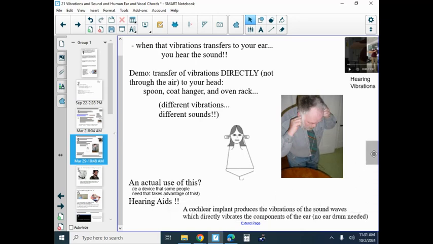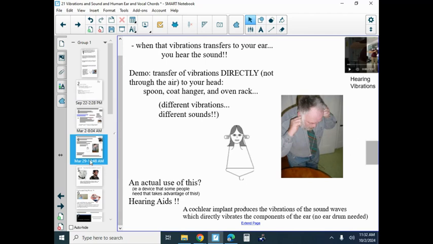There are hearing aids that basically take advantage of this idea. So there are cochlear implant hearing aids, that have a little thing implanted deep in the ear, and it just makes vibrations, and then your ear just hears those vibrations as sound. So if someone doesn't have a functional eardrum at all, then you can just make the inside of the ear vibrate directly, much like this.